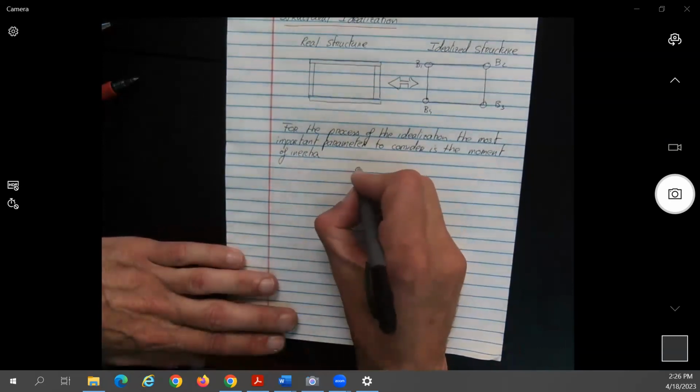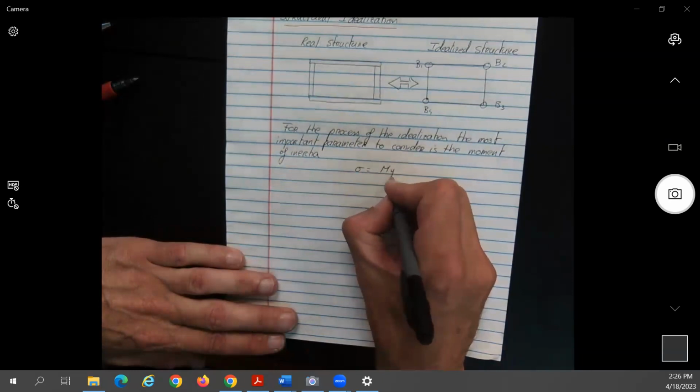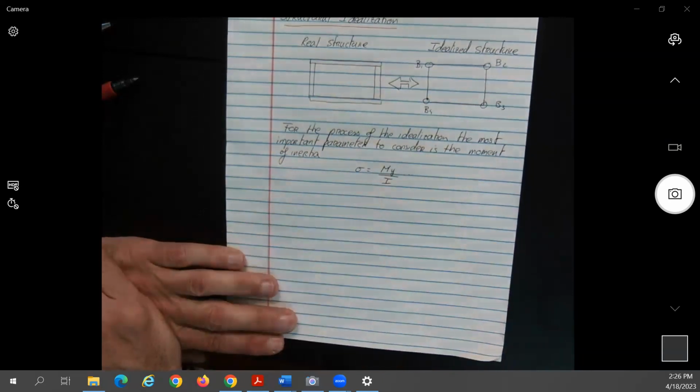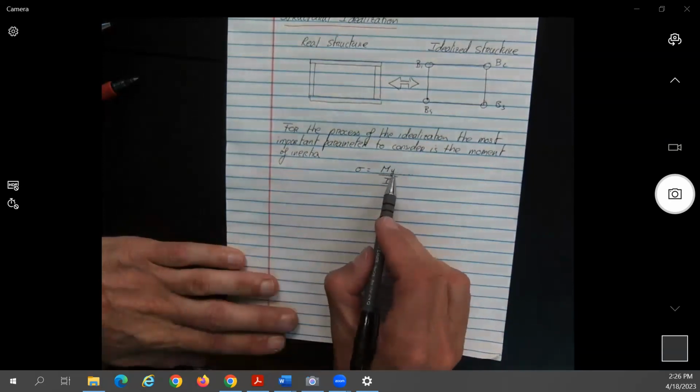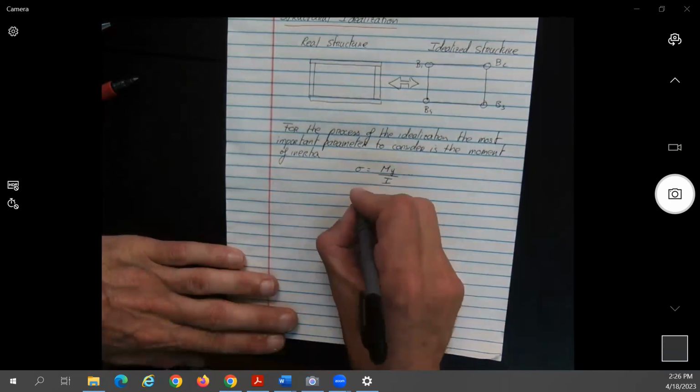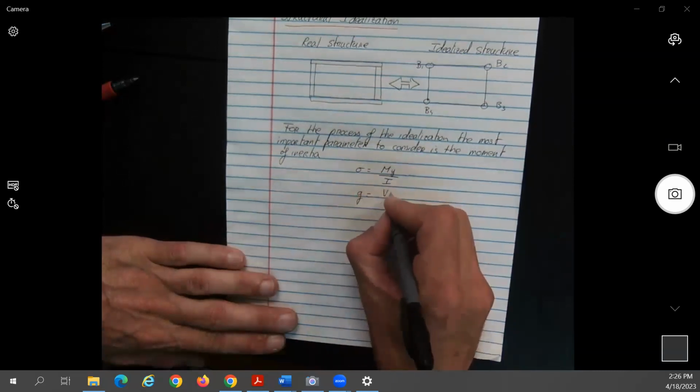Because if you remember, the expression for the stresses is generally what? Of the type My over I. This is the load, this comes from the geometry, this is also from the geometry. Sometimes you also have the shear. What is the shear?